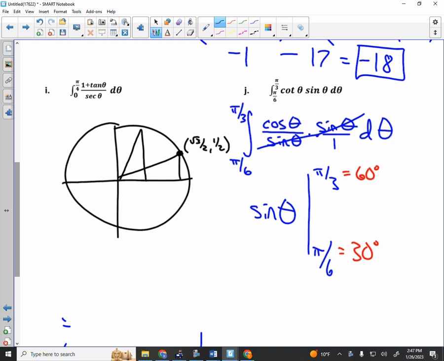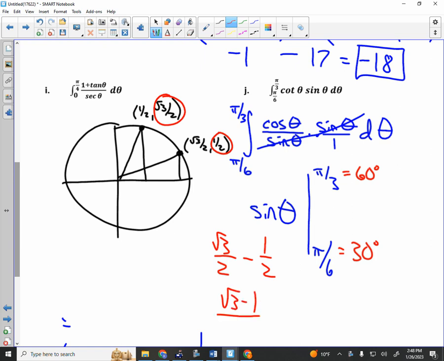And that 60-degree angle is going to be at 1/2, root of 3 over 2. Remember that sine is the y values. And so the sine of pi over 3 is the root of 3 over 2. Minus the sine of pi over 6 is 1/2. So you get the root of 3 minus 1 all over 2. And there you have it.